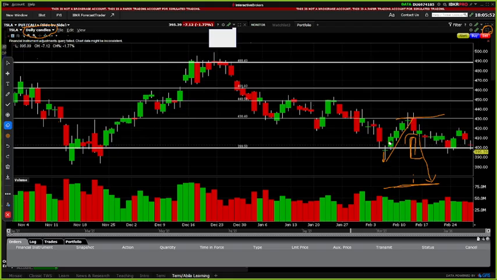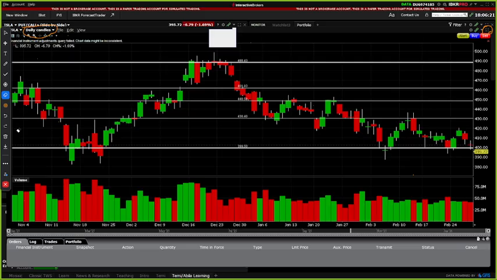Evening star or shooting star. What about that? This is the bearish evening star, shooting star.